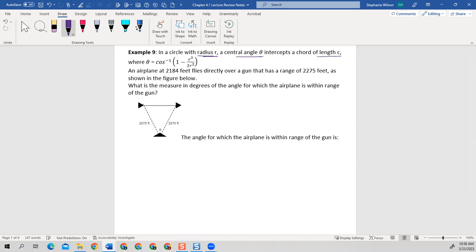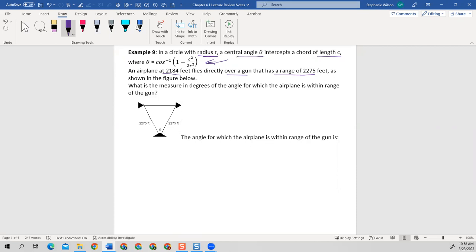We are given this particular function, and it says an airplane at 2,184 feet flies directly over a gun that has a range of 2,275 feet, as shown in the figure below. What is the measure in degrees of the angle for which the airplane is within range of the gun?